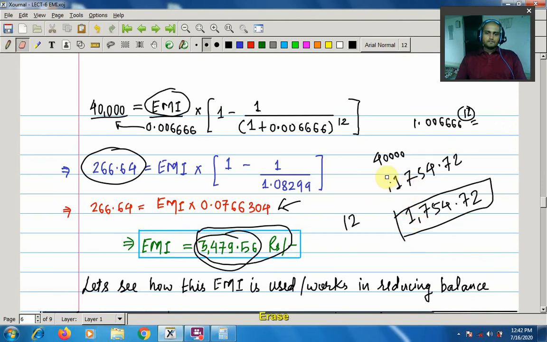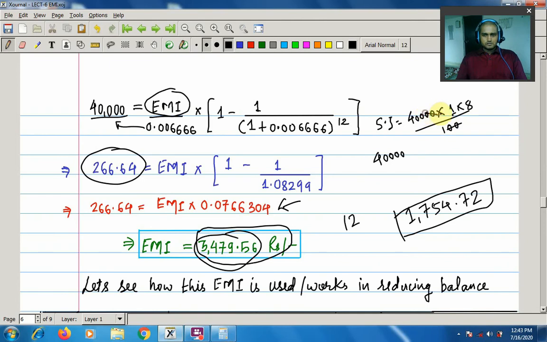What if you had chosen to pay this loan at a flat rate of interest? How much interest are you going to pay? In flat rate of interest, the interest is calculated by a simple formula. So it becomes 40,000 for 1 year, and the rate of interest was annual 8% upon 100.